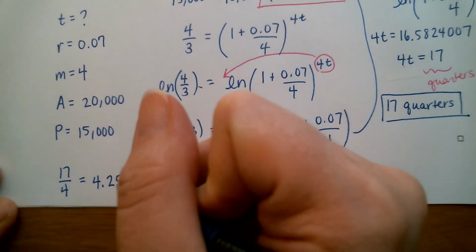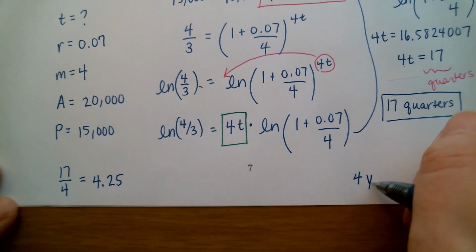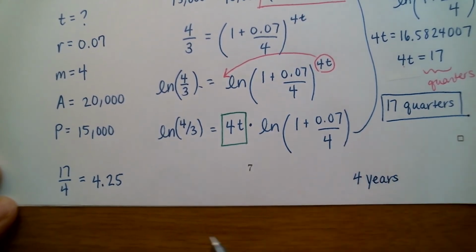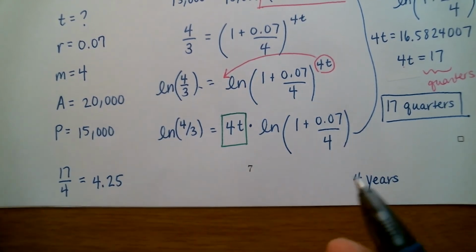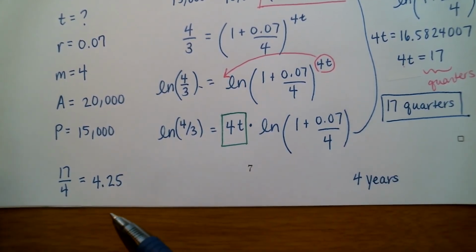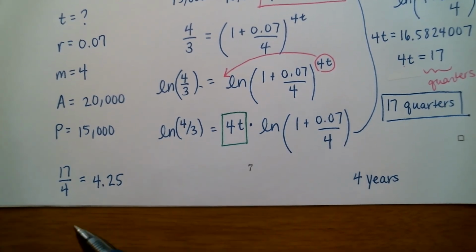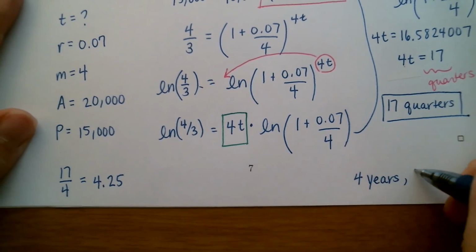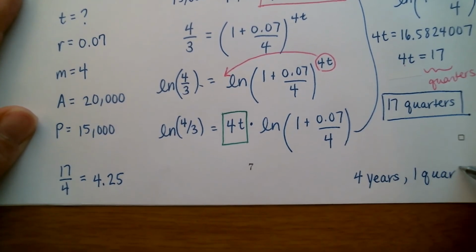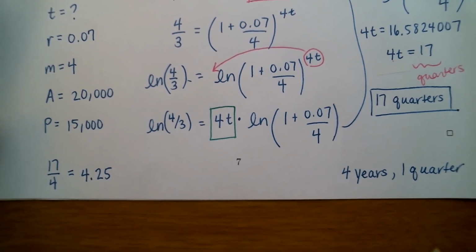So this is going to be 4 whole years, and then you might have to convert the 0.25 to quarters. Just using common sense here, 0.25 is like the value of a quarter, 1 quarter. So this is going to be 4 years and 1 quarter. 25 cents, 1 quarter.